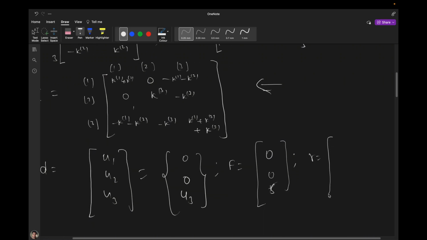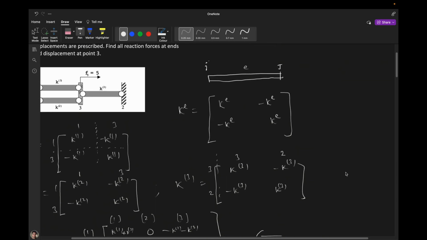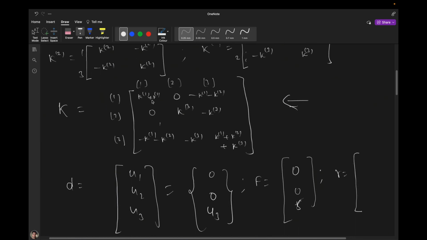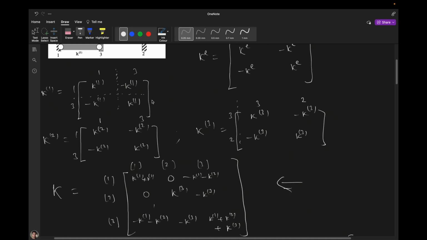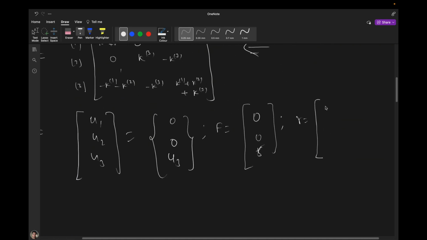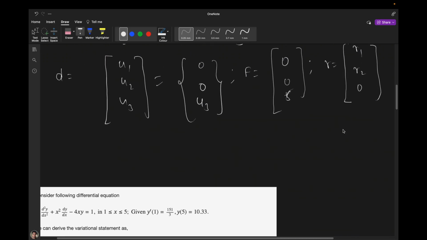There is also a reaction force, where the reaction forces are here and here. So what are the reaction forces? R1 and R2, and R3 is 0. So here I will write R1 R2 and 0. Later we will see that we will add this F plus R.